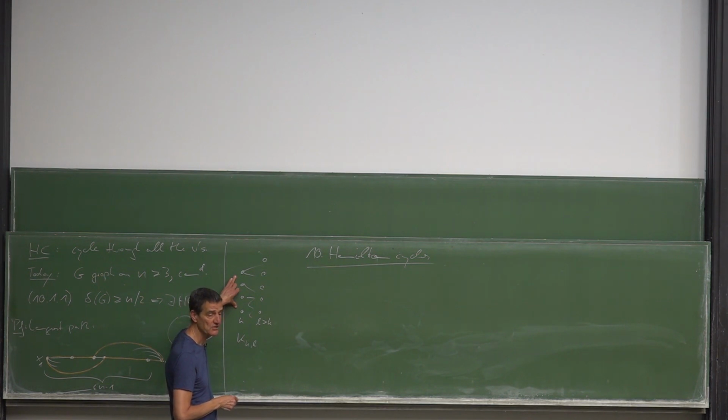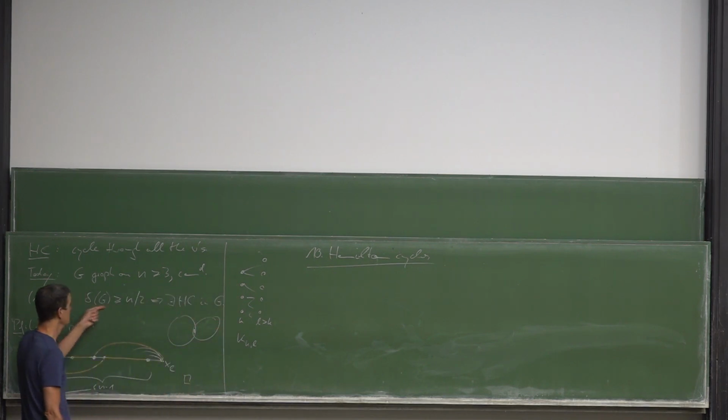So which connectivity assumption do we need to ensure we have a Hamilton cycle? Well, we need half n again. Right? So if L is just a little bit smaller than k, then we have connectivity just below half n and no Hamilton cycle. So, well, not better off than this.